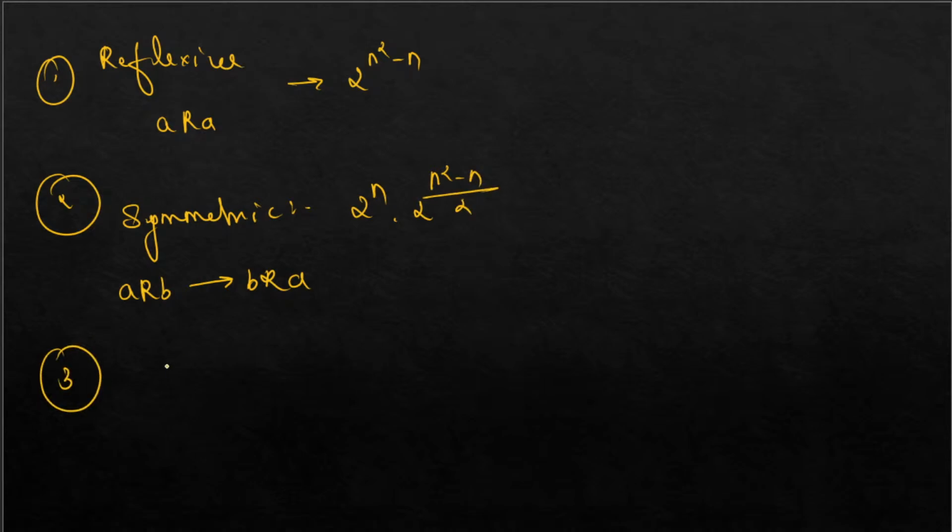Third is anti-symmetric, which is 2 to the power n into 3 to the power (n square minus n) by 2.